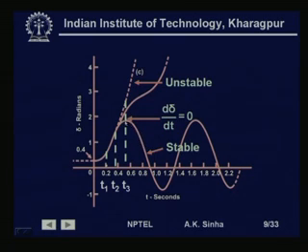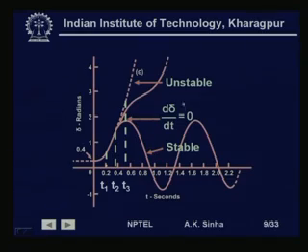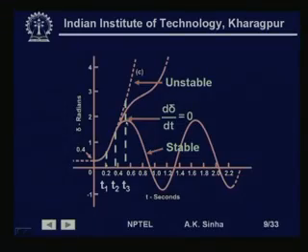That is, there is a point on the delta versus time characteristic where d delta by dt is equal to 0. That is a point at which the change in delta angle with respect to time is 0. That is, all this time it is increasing, then this change keeps on reducing, it becomes 0, and then it becomes negative. That is, the delta angle keeps on reducing.